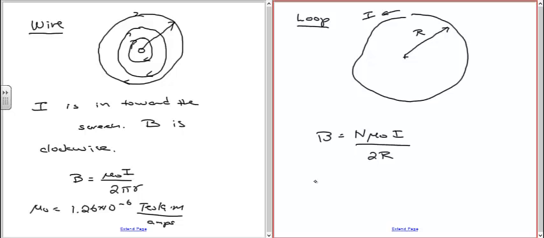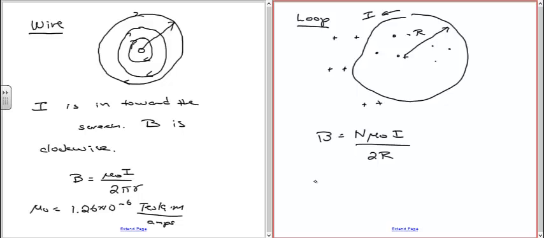So that's the right-hand rule. Actually, it's not Lenz's law, it's just the right-hand rule. What you do is you take your right hand, put your thumb in the direction of the current, and then the direction your fingers would loop around is the field direction. So in this case I would have the magnetic field coming out from the loop, and it would be going in outside the loop.